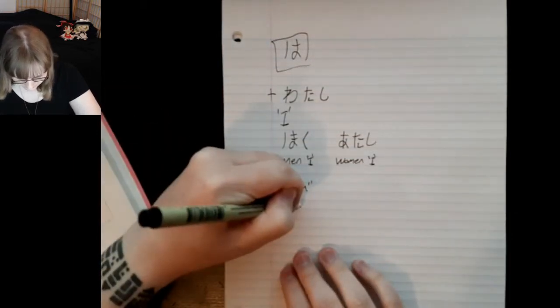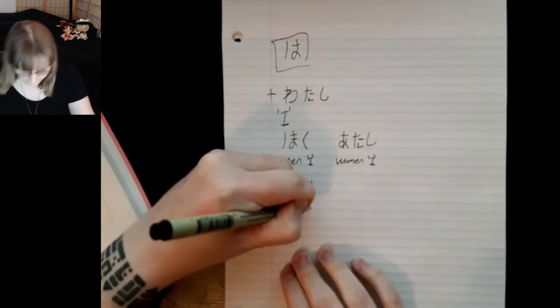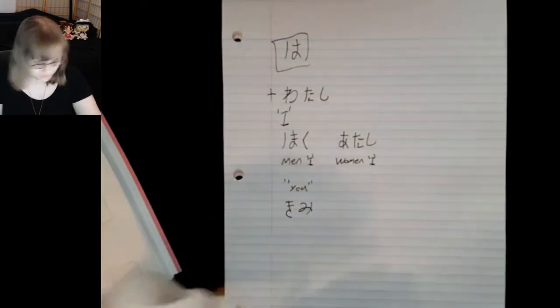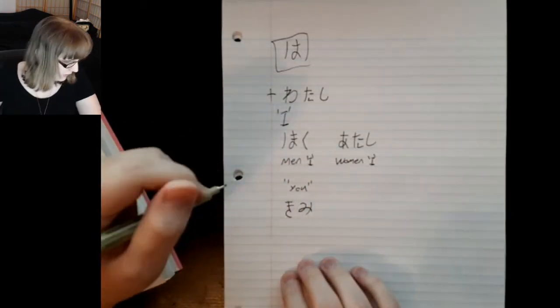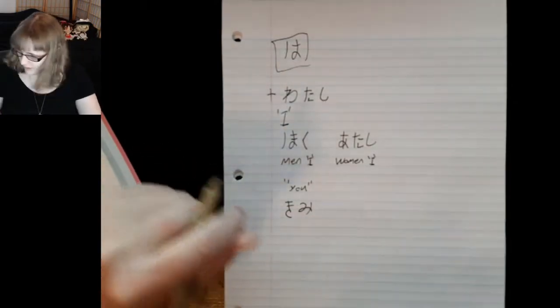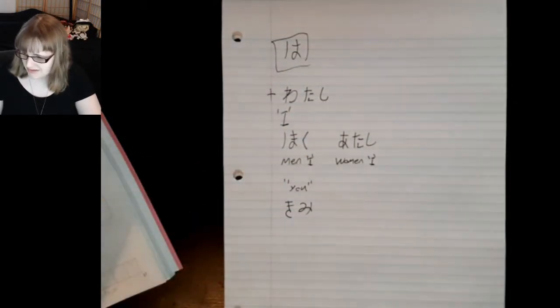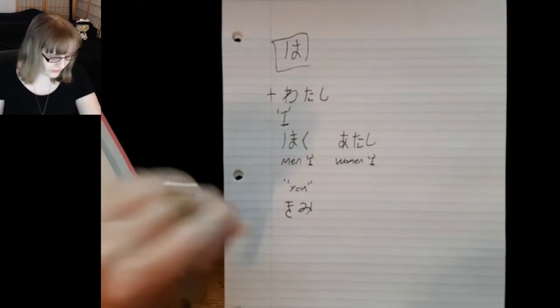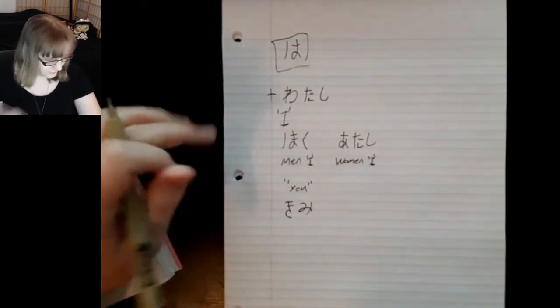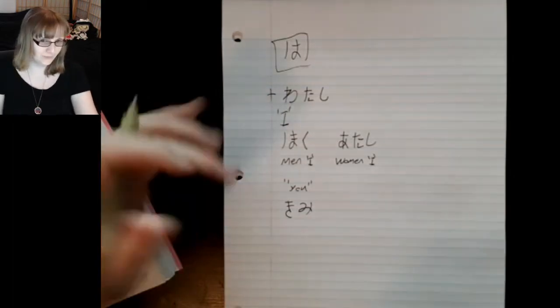Kimi. And that means you. So, using that in this sentence, I'd say, Kimi wa osake ga suki desu ka? Do you like alcohol?